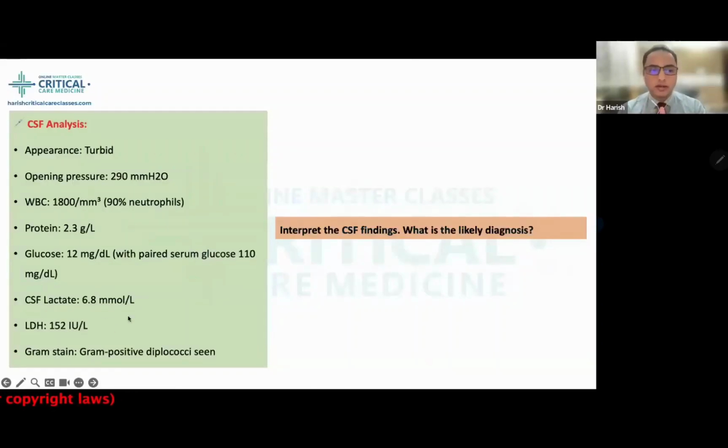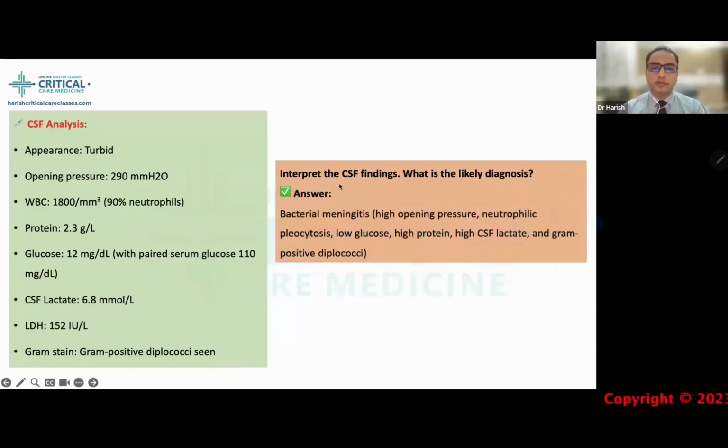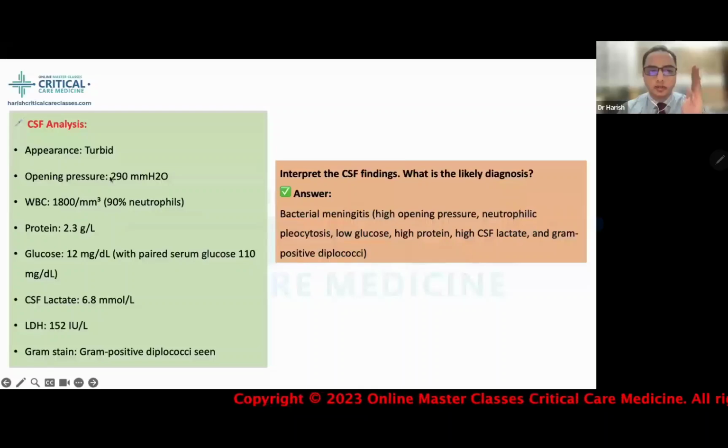CSF lactate is 6.8, LDH is 152. Gram stain shows gram positive diplococci. We got some clarity here on what we are dealing with in our young gentleman. Interpret this CSF, what is the likely diagnosis? Obviously, this is bacterial meningitis with a high opening pressure and neutrophilic pleocytosis, 1800 cells with 90% neutrophils.